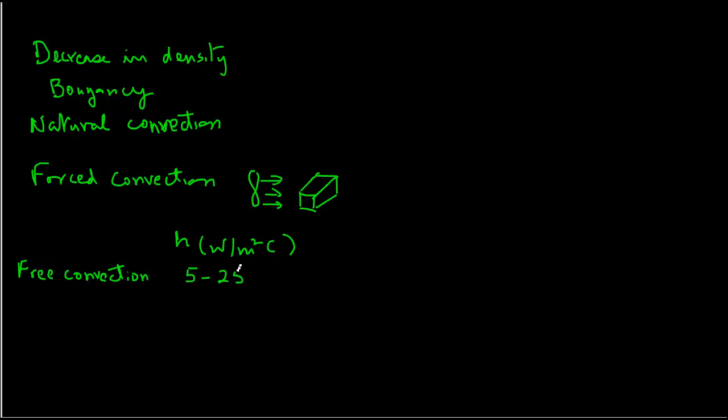On the other hand, if we have forced convection for air, then the value of H will increase from 10 to 200 watts per square meter Celsius. So as you see, there is a considerable increase in the value of H when we have some type of a fan or a blower.